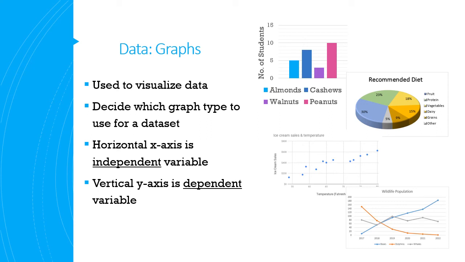That's the variable that you manipulate or that you're studying the effect of. And the vertical y-axis measures the dependent variable. That's the variable that you're trying to determine the effect on.